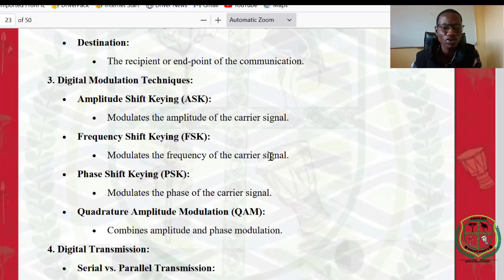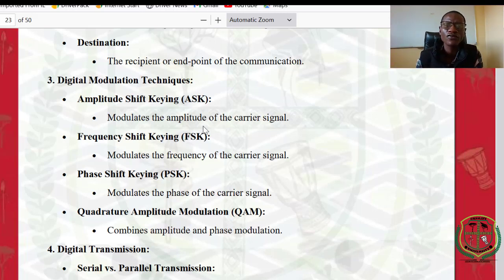For example, sound. How is sound transferred from one phone to the other? How does the information move from one to the other? For example, on the radio, how do you call someone on the radio?